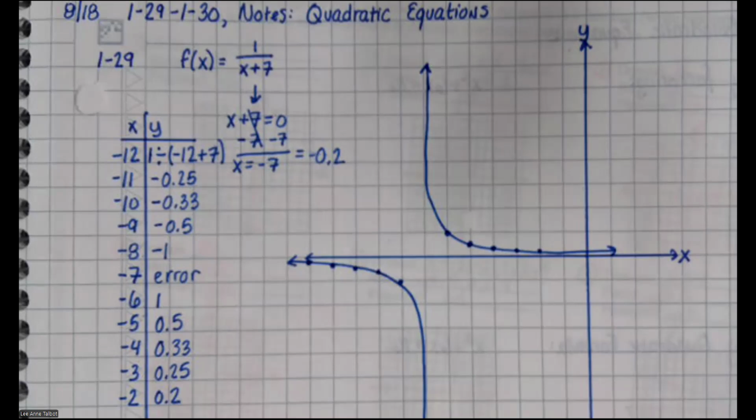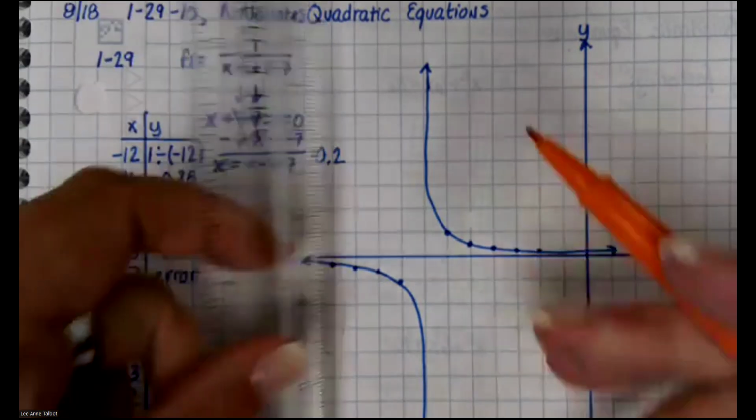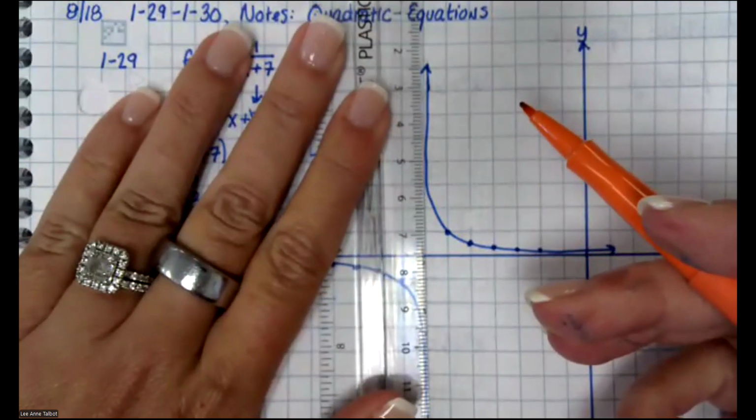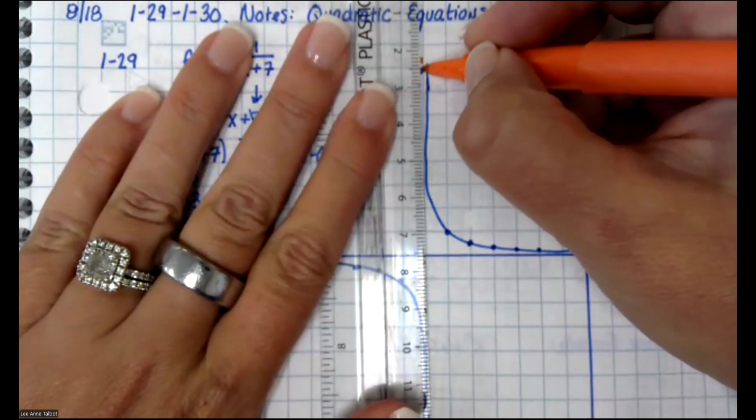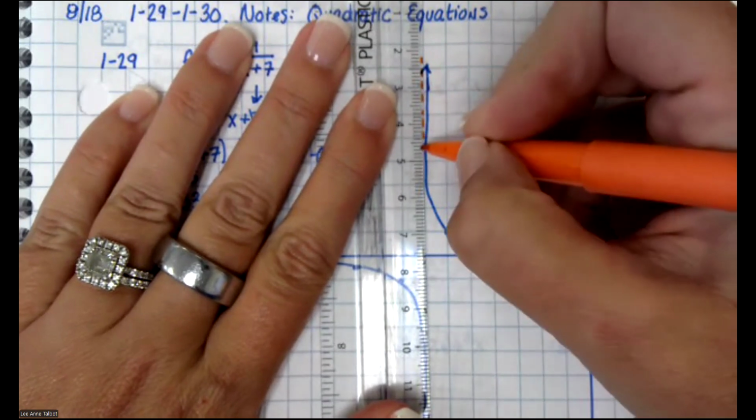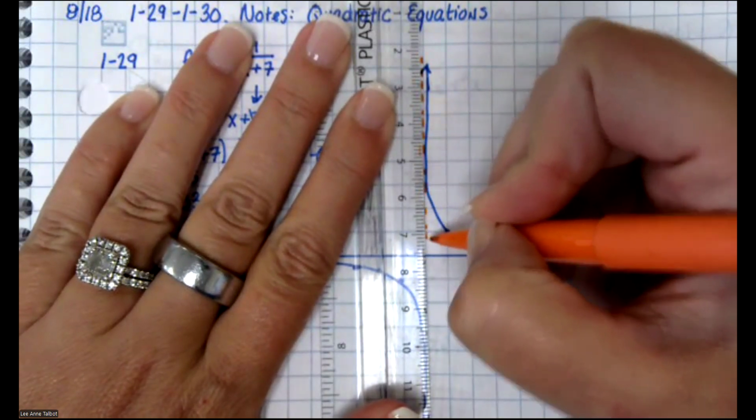What I'm going to do next is take a colored pen, a different color, and I'm going to sketch in the asymptotes. So I like to sketch them in with dashed lines. And there should be one at -7 caused by the not being able to divide by 0.